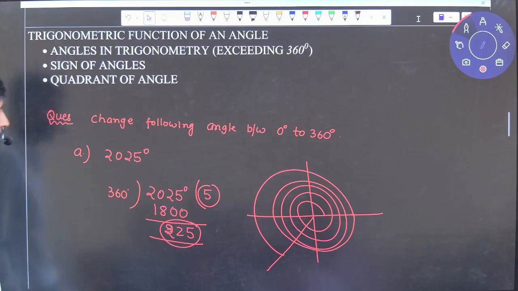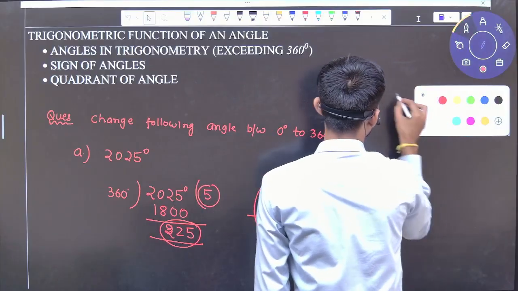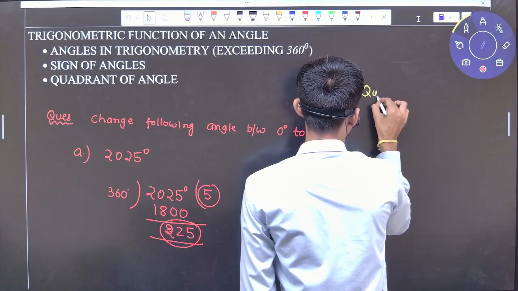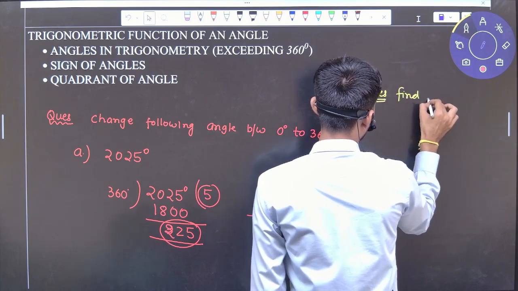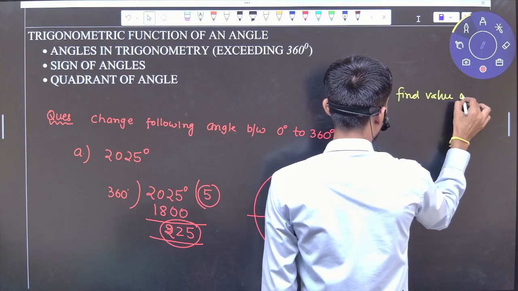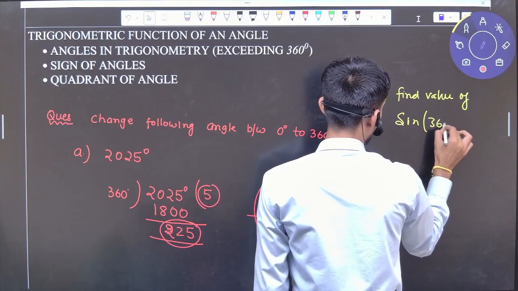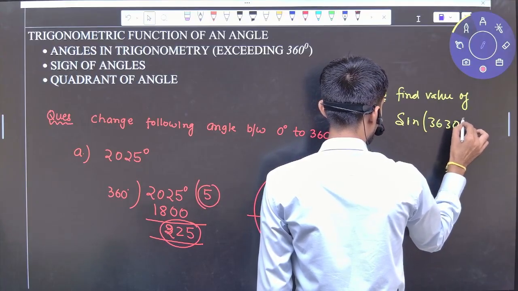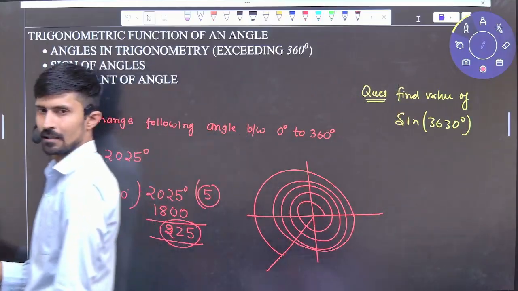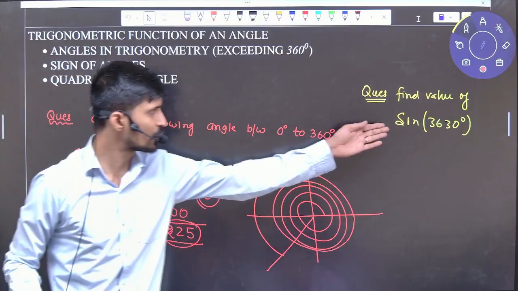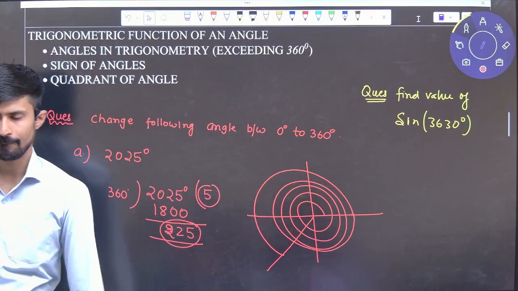Now question, find value of sine 3630 degree. First change that bigger angle into a smaller angle, then for that smaller angle find value of sine.